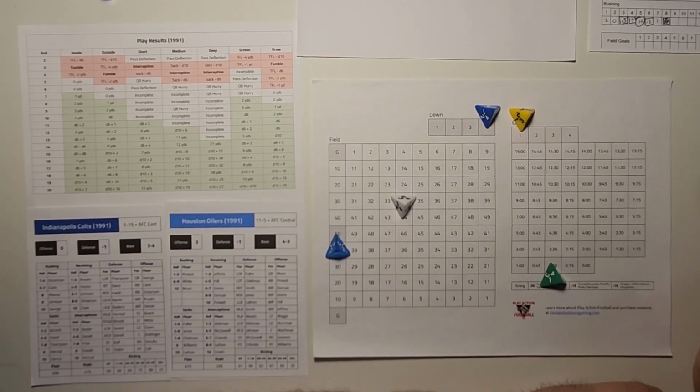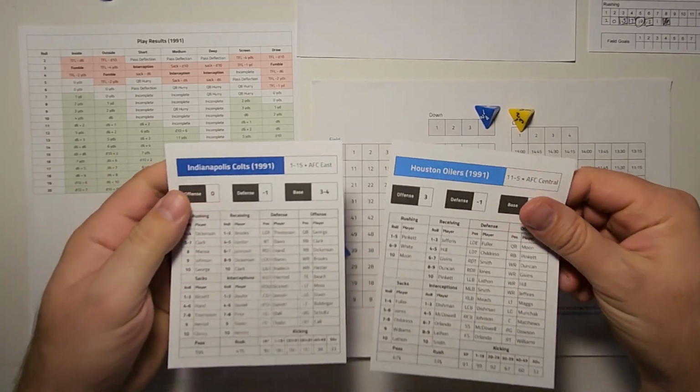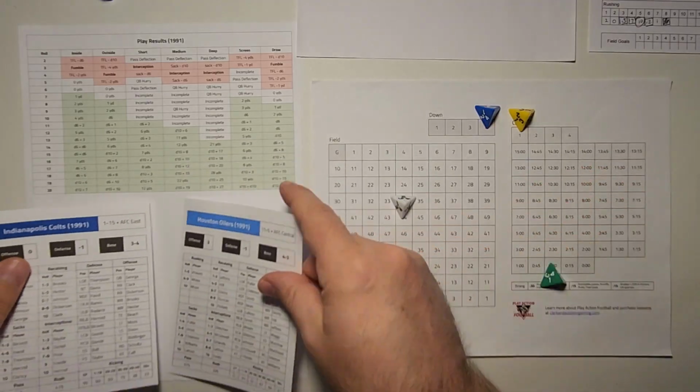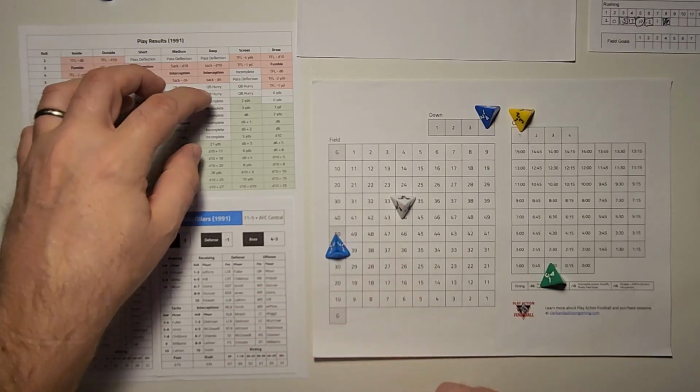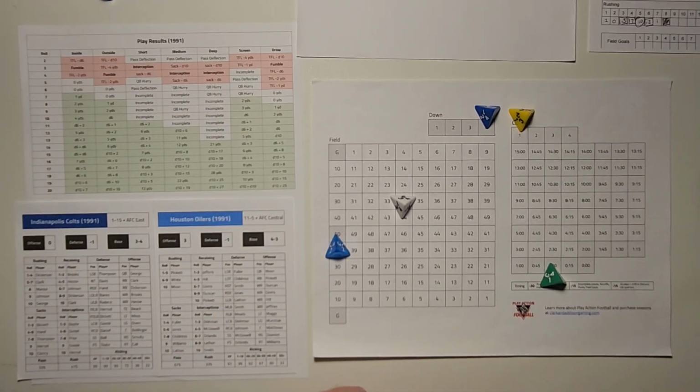Okie doke. This is using these newer cards. So you can see that the game plays basically the same. It's just that we're using a single outcomes chart instead of individualized.